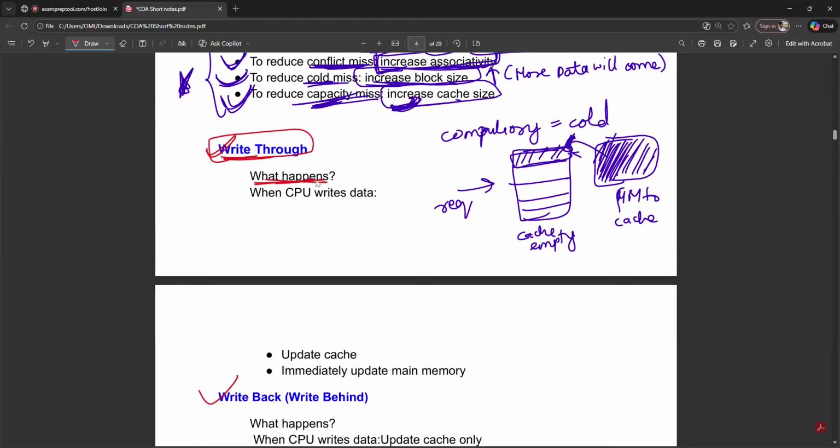So what happens here? This is the CPU, this is the cache memory, this is the main memory.